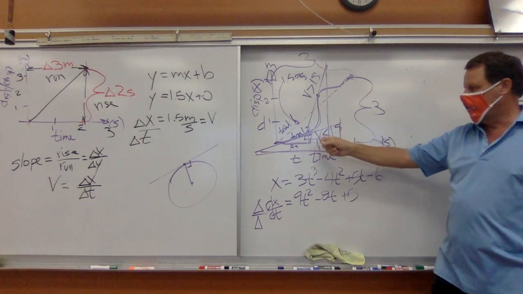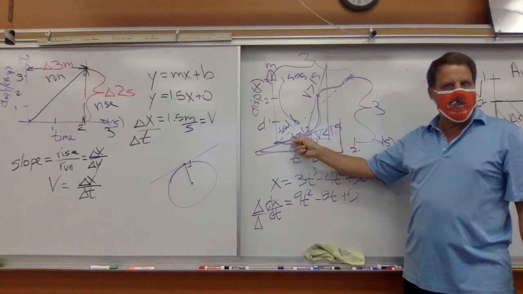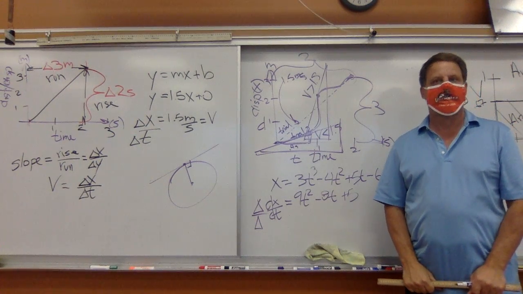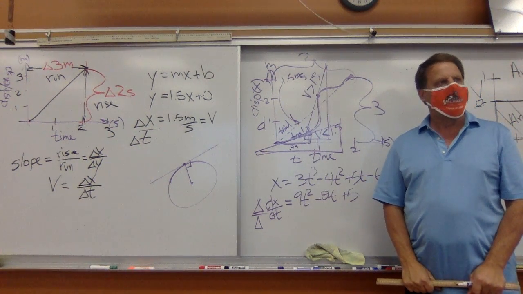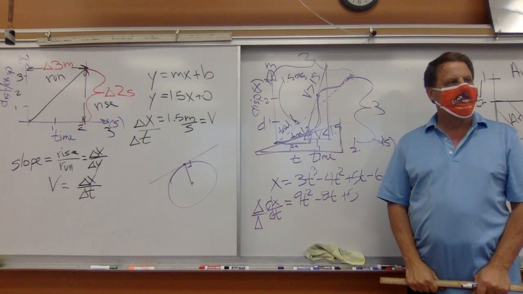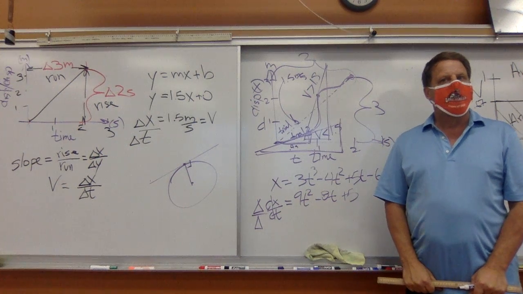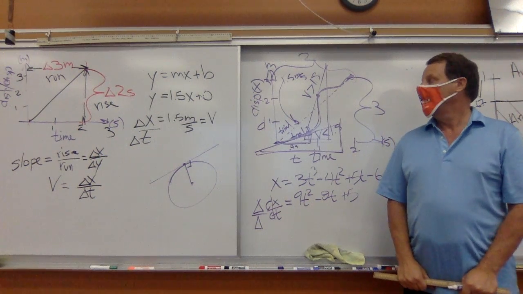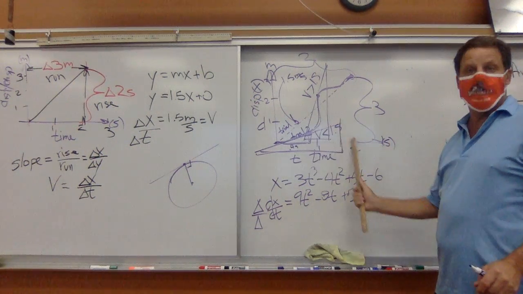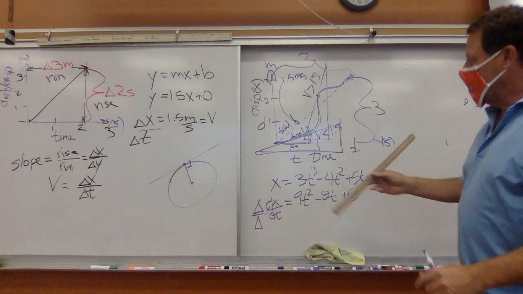Over the course of 2 seconds, what is the average velocity of trial 2? It is going to be 3 over 2. Same idea, right? It's still going to be 1.5.